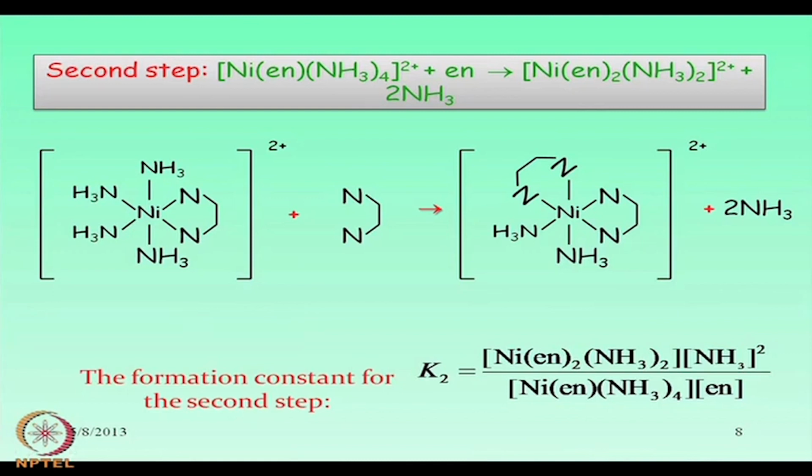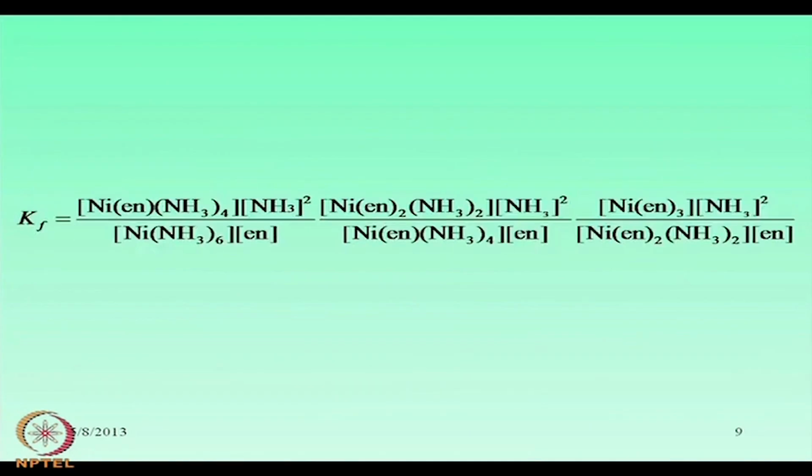If we are able to know the corresponding concentration of the intermediates, the very transient species which are quickly disappearing from the solution medium because they are immediately reacting with the third ethylenediamine molecule, we should then be able to find out the corresponding value for the second step, that means the K2 value for the reaction.